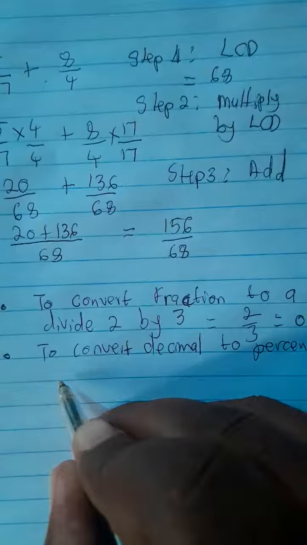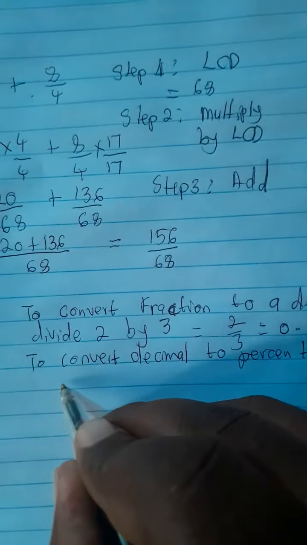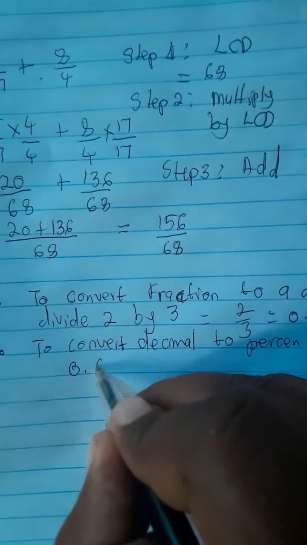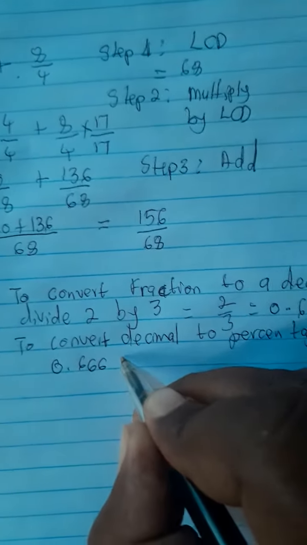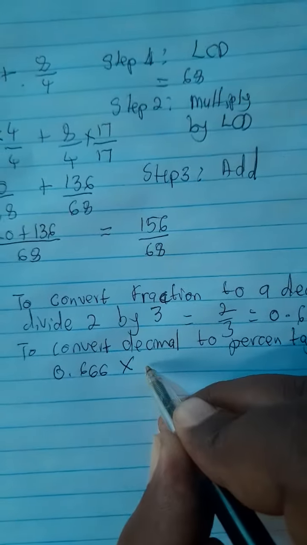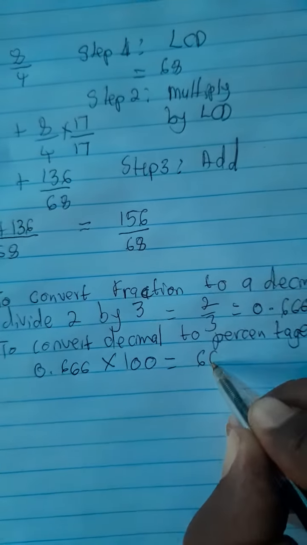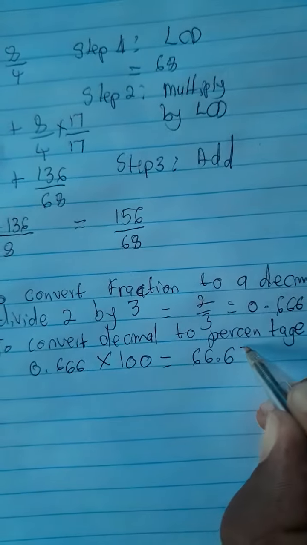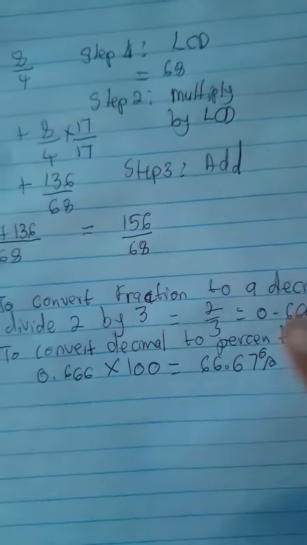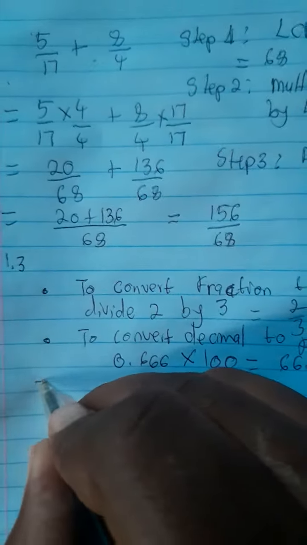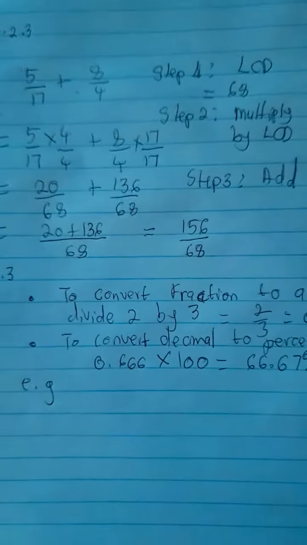We would say that 0.66, and we multiply by 100. Correct to 2 decimals, this will be 66.67%, right?